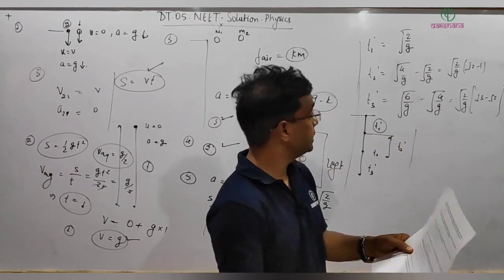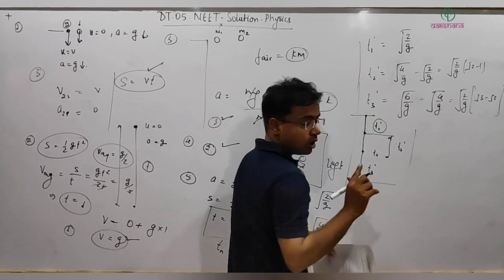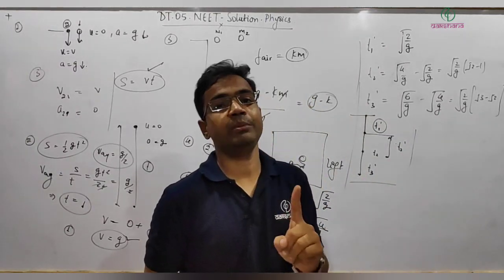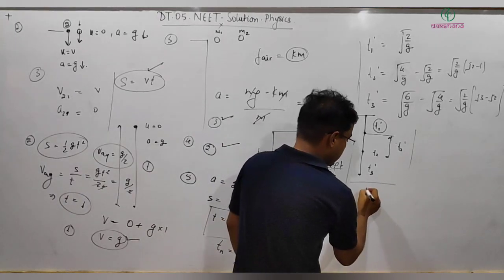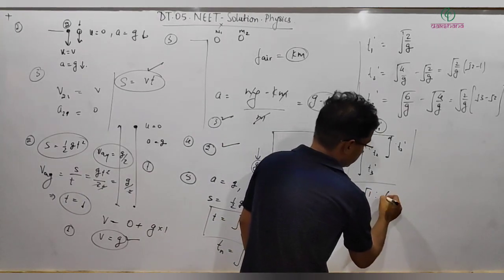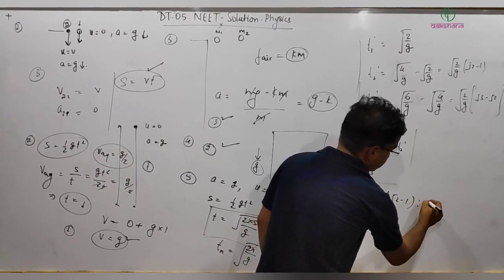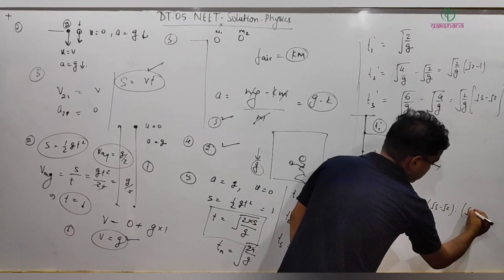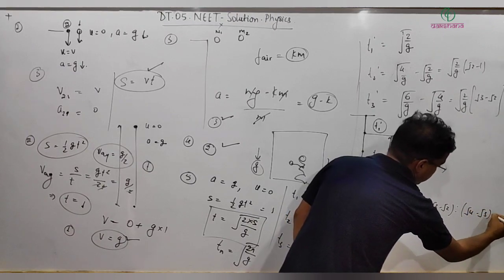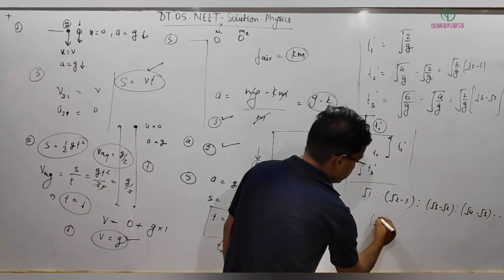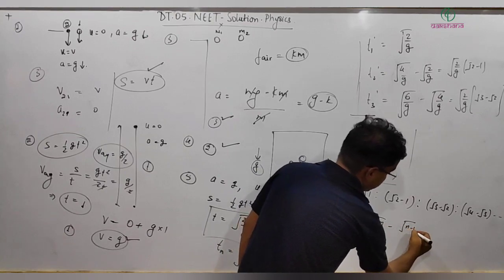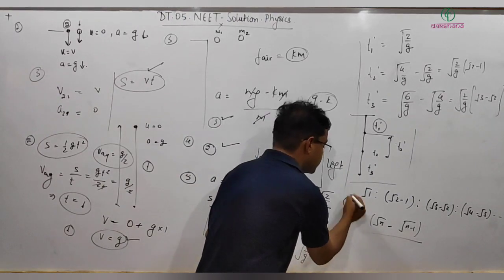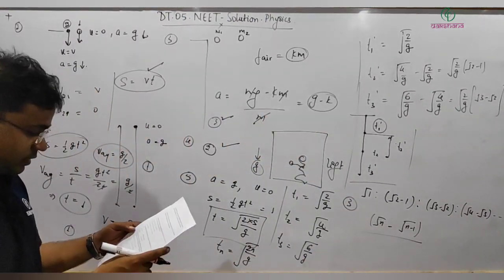So you can write this ratio of time taken to travel successive distances of 1 meter as root 1 : root 2 minus 1 : root 3 minus root 2 : root 4 minus root 3, and so on, and root n minus root n minus 1. So that matches with option third for question number 5.